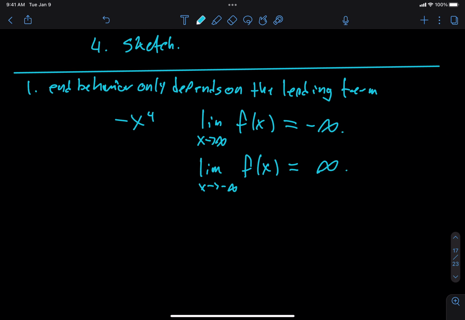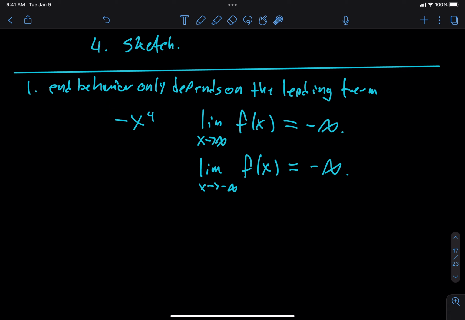Because it's even, so no matter what, once you power it, it'll be positive. Exactly. Griffin's hit the nail on the head. Because it's an even power, I know the end behavior is the same on both sides. It should be minus infinity, okay?